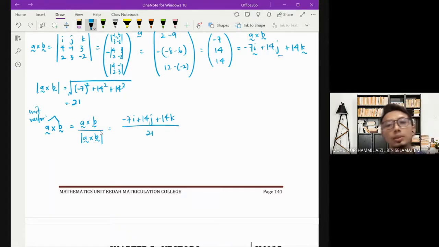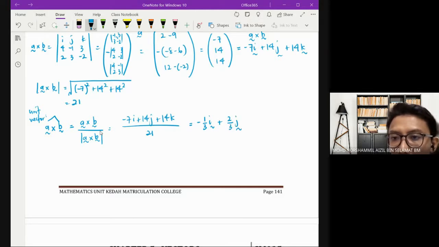Macam tu je, tuan-tuan dan puan. So let's calculate what you get. So you get minus 1 over 3i plus 2 over 3j plus 2 over 3k. Is that okay? So this is the unit vector perpendicular to A and B.